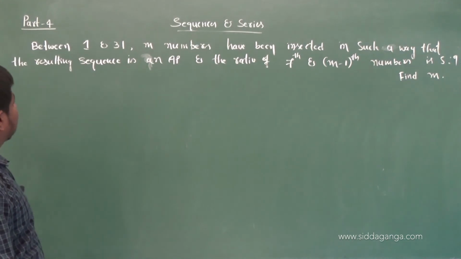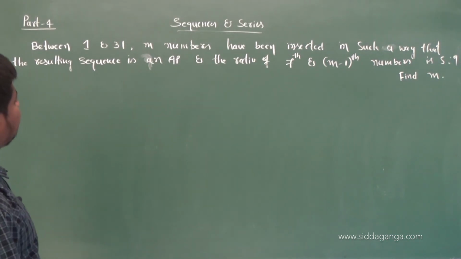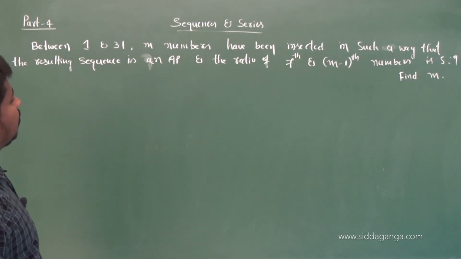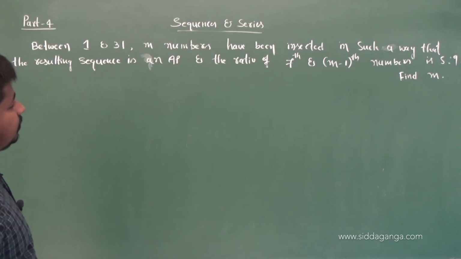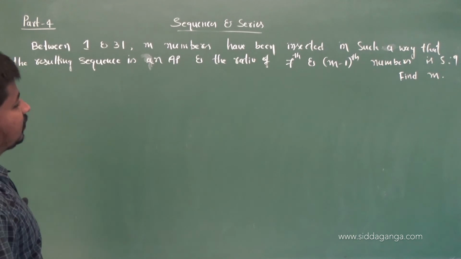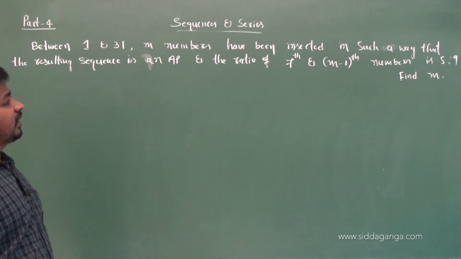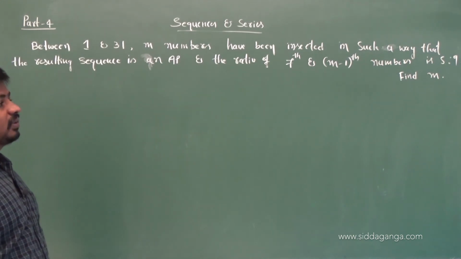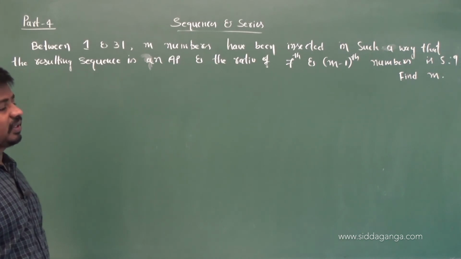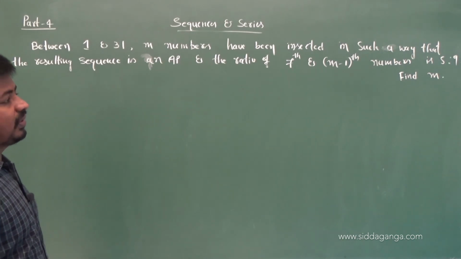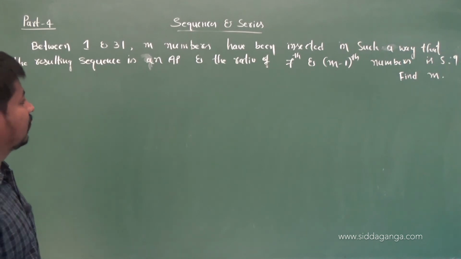Okay, now same as before, between 1 and 31, m numbers have been inserted, right? In such a way that the resulting sequence is an AP. Then the ratio of the 7th and m minus 1th terms is given, that is 5:9. Then this is true for what value of m? That's the question.